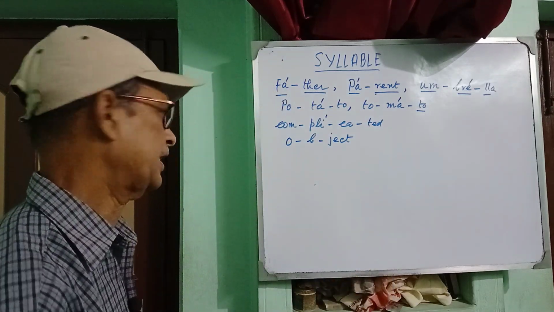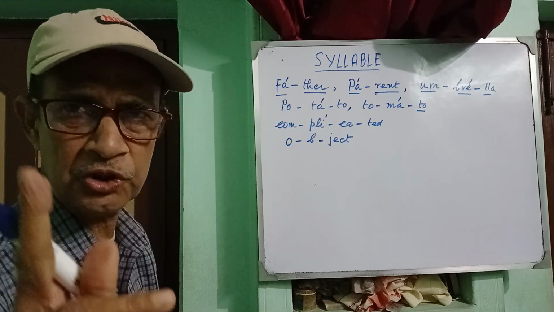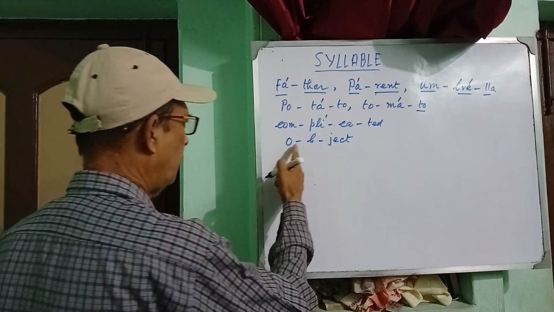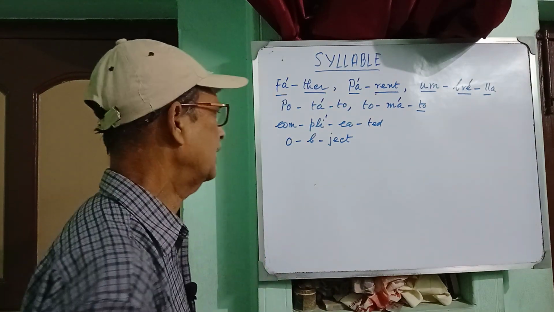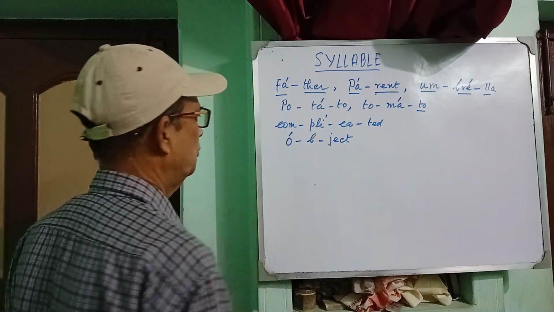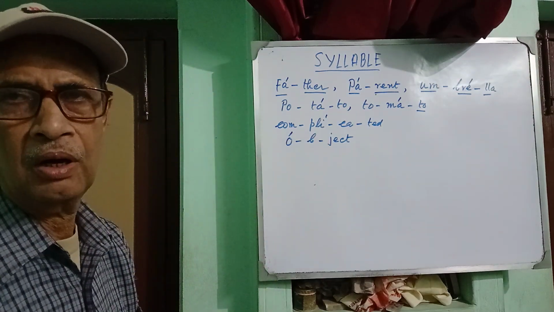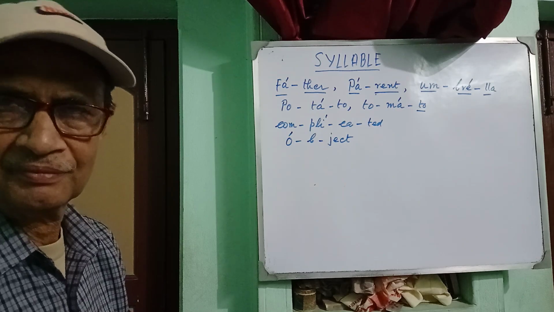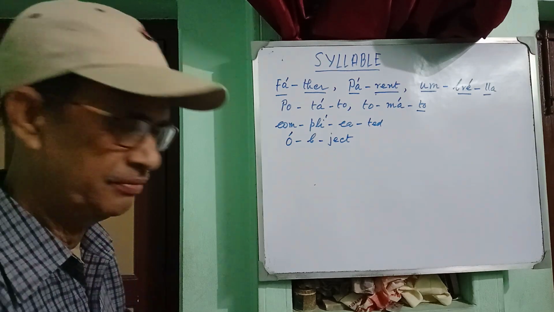Okay? Object. So there are two syllables here. Ob. It is a single syllable and the stress should be on O. Object. Clear? It is a disyllabic word.